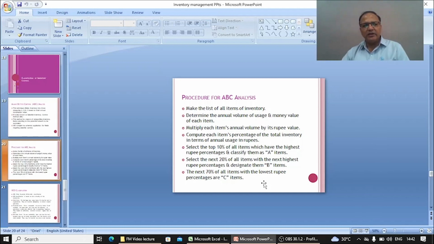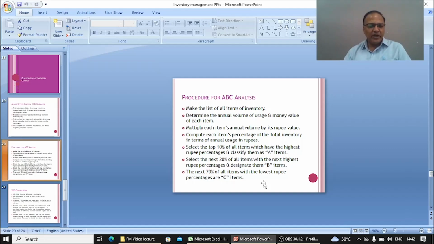Item number 3, suppose it's 200, then it's 200 into 5,000. It will be 10 lakh. So simply you have to take care of 2 things. Number 1, cost per unit, and second thing is total usage. Then you have to multiply, and the value you will get in rupees.